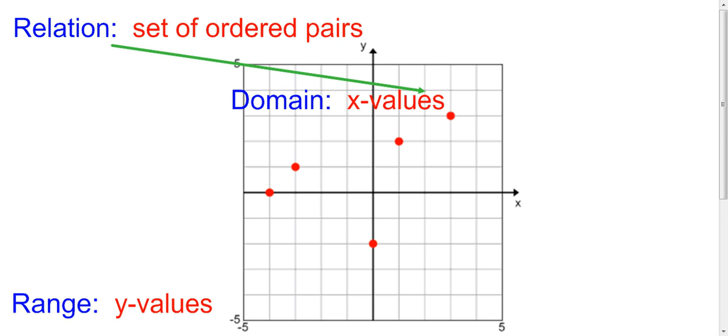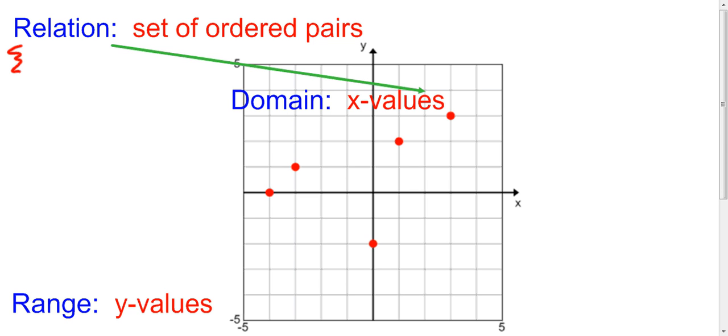First of all, a relation, just so you know, is a set of ordered pairs. So in this particular example, the relation would be the list of ordered pairs. You're going to make one of those fancy little brackets, which I'm not so great at, and list your ordered pairs.